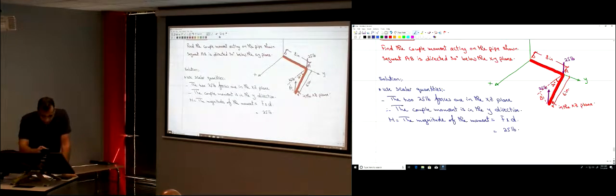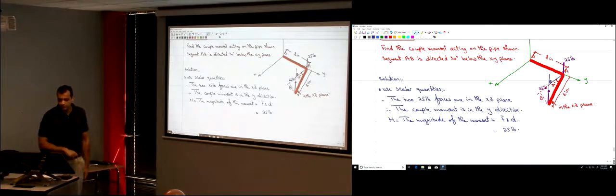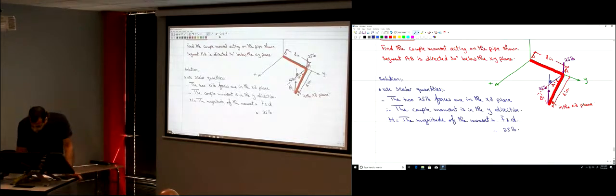So now I need to find this distance here that is perpendicular to their lines of action. How much is this distance, d? So let's draw this triangle here. This is the pipe. It's oriented by 30 degrees. The length of the pipe is 6 inches.